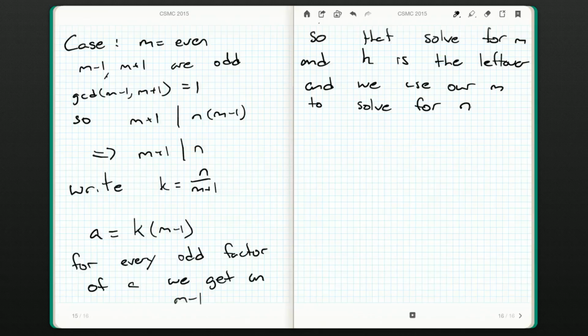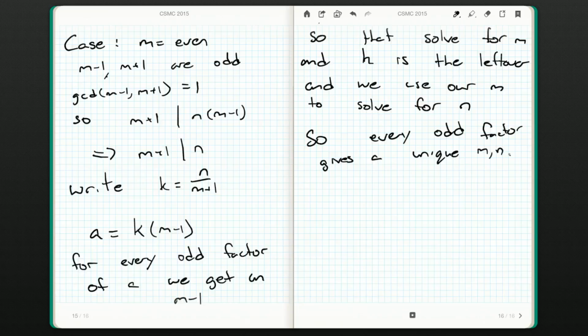So now we're picking a's, and the number of odd factors that it has gives us a pair m and n, and these will have to be distinct. So every odd factor gives a unique m and n.